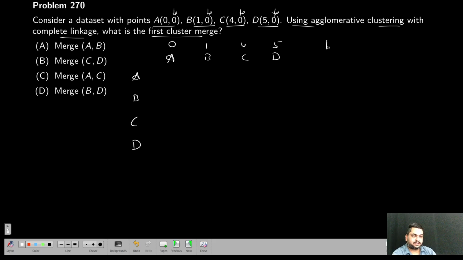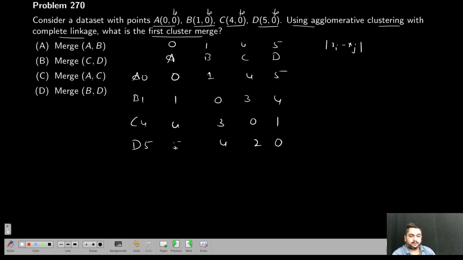Just use Euclidean distance, that is the mod value of xi minus xj. The distance table rows are: 0, 1, 4, 5; 1, 0, 3, 4; 4, 3, 0, 1; 5, 4, 2, 0.